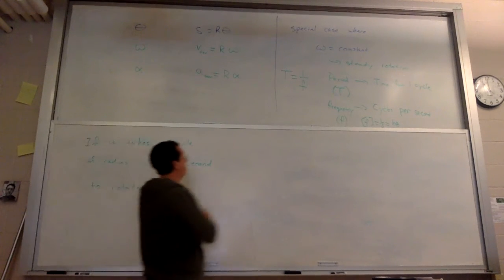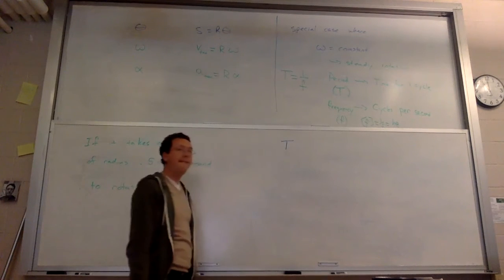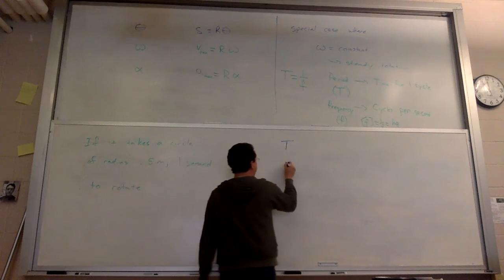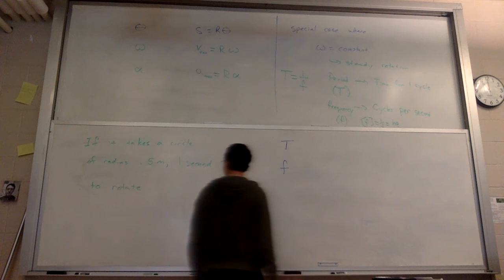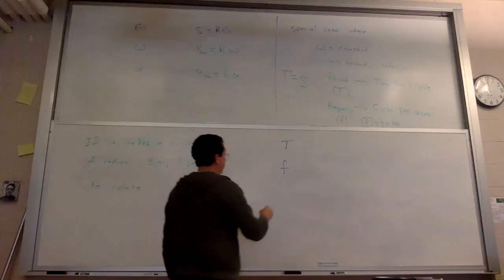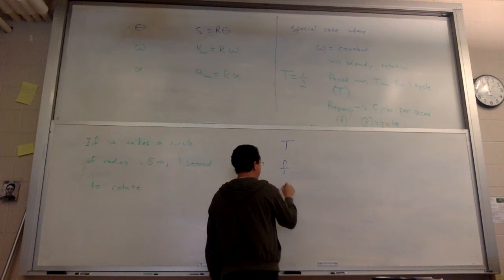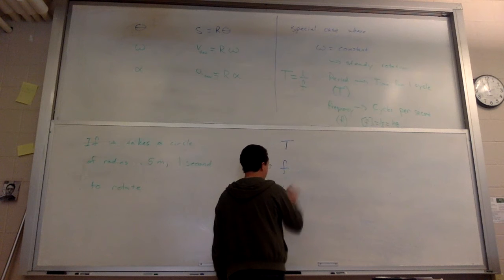I would like to know what is the period, what is the frequency. I don't want you to think about it. There are a couple ways you can do this, but I want you to find the angular velocity.